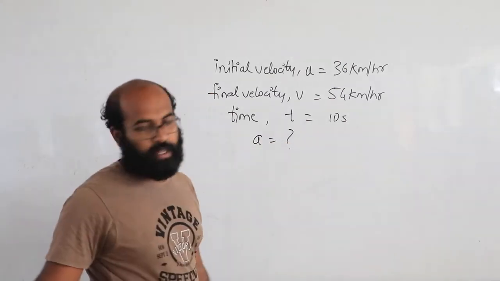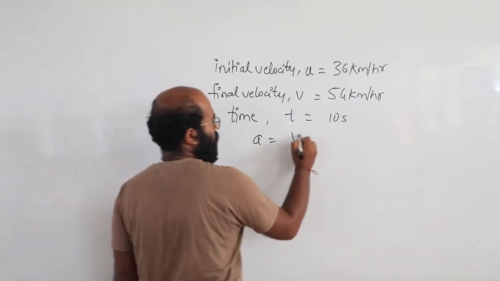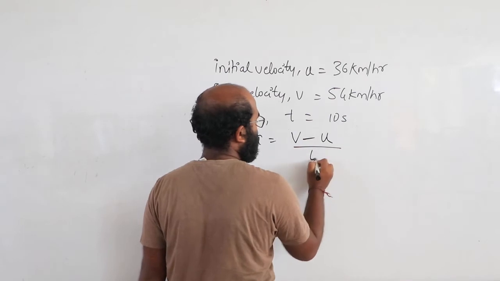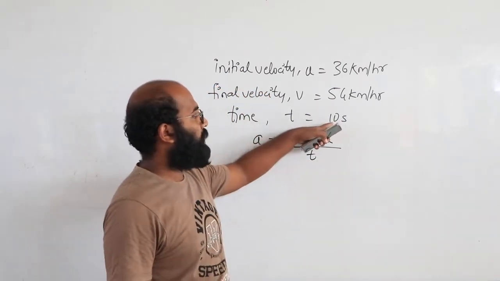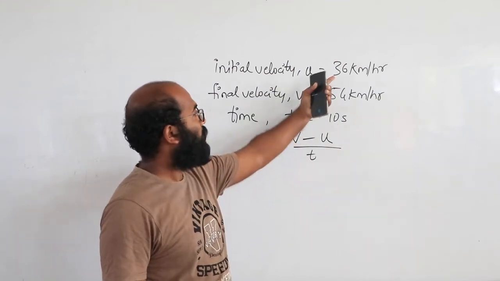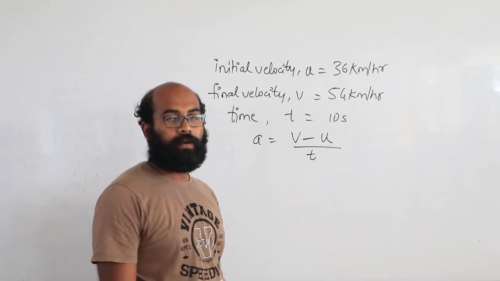So you know from the equation that a is equal to (v minus u) by t. But here, if you look, the time is in seconds, whereas the velocity is in kilometer per hour.